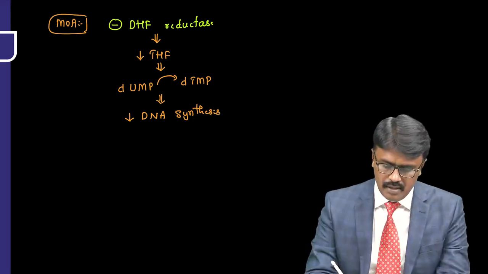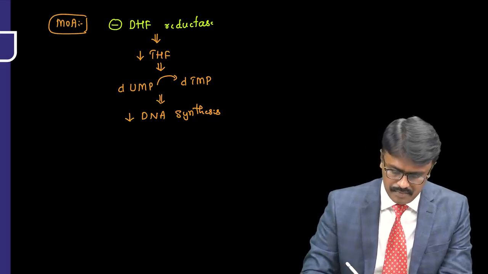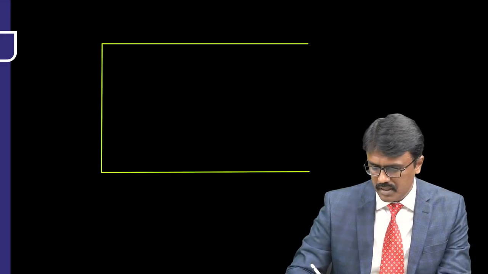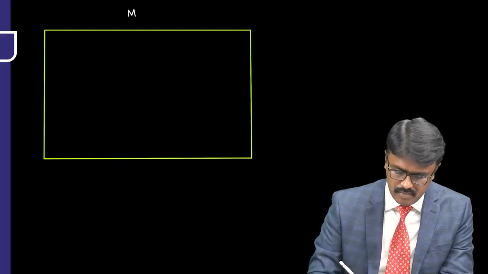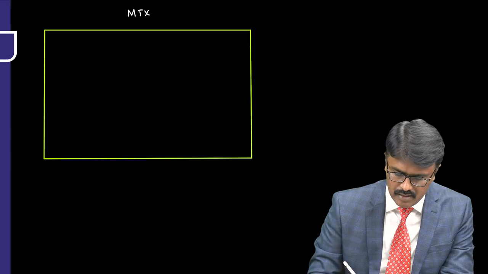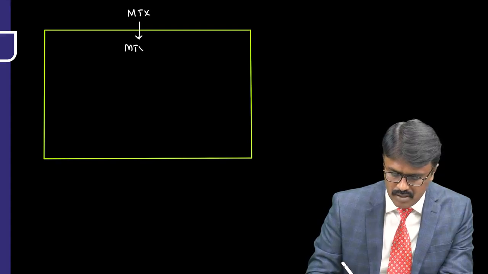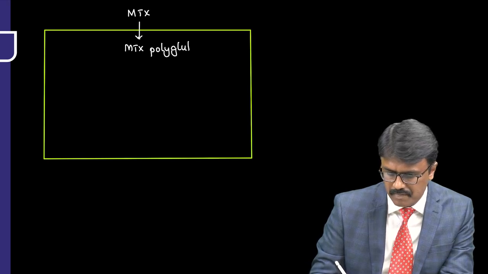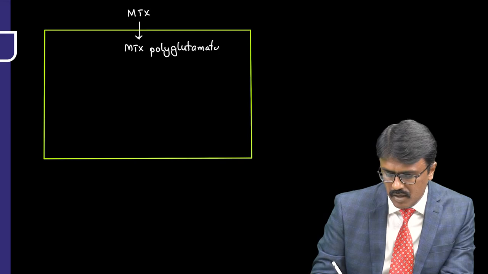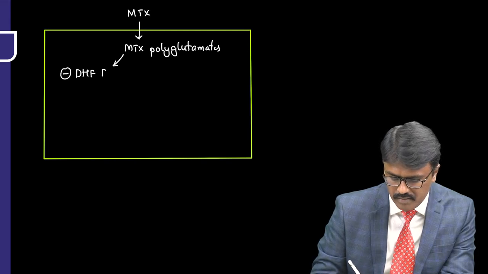If I go into detail to understand the mechanism of action, let me draw the cancer cell. So this is the cancer cell. What happens inside it? Let me tell you. Methotrexate enters the cancer cell, and when it enters, it forms methotrexate polyglutamates. This polyglutamate is the one which inhibits the enzyme dihydrofolate reductase.